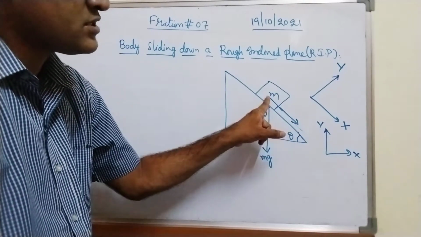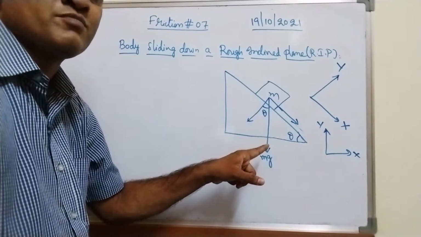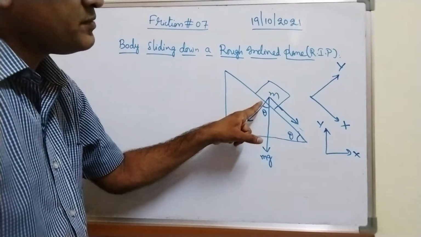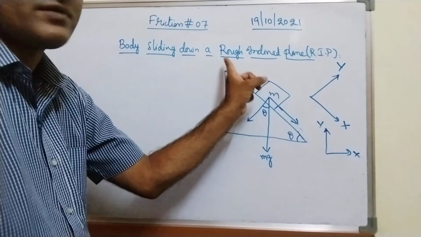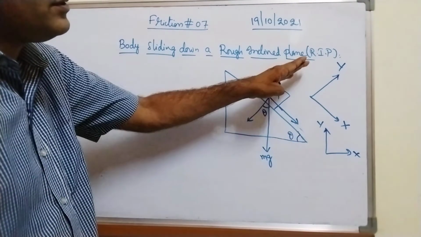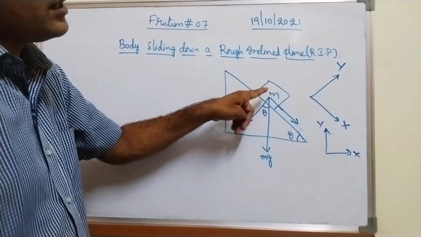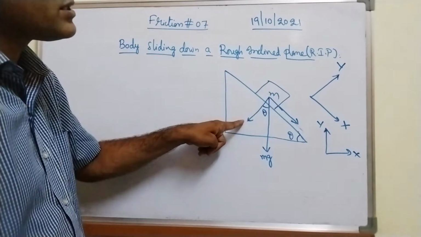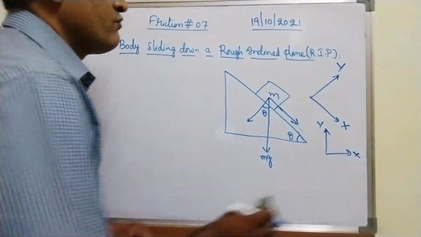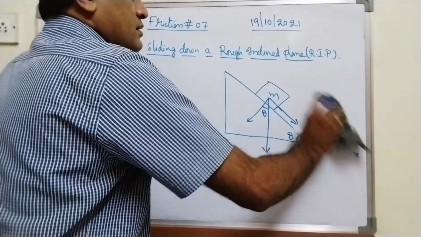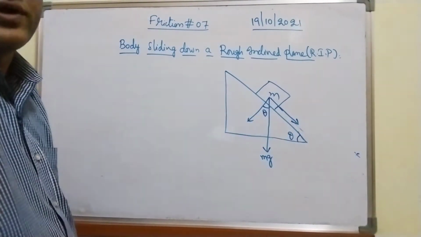So down the plane is positive x-axis, and up the plane is negative x-axis. But along the y-axis, upwards I will take as positive, downwards as negative. Fine. This is how you are going to represent it.